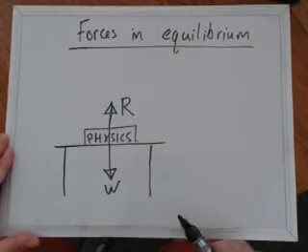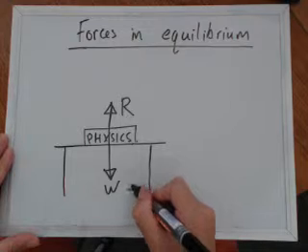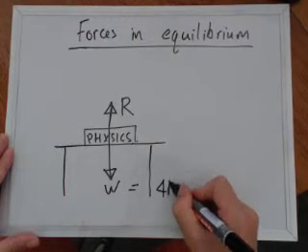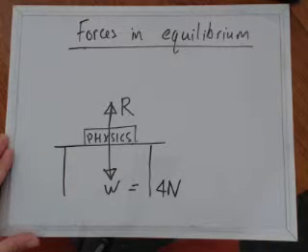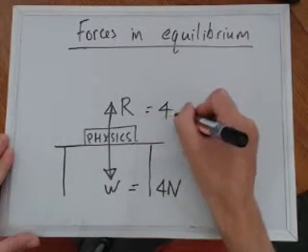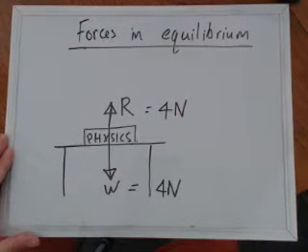Now, if the weight of the book was equal to, say, 4 newtons, then R clearly must be equal to 4 newtons. Now be careful here.